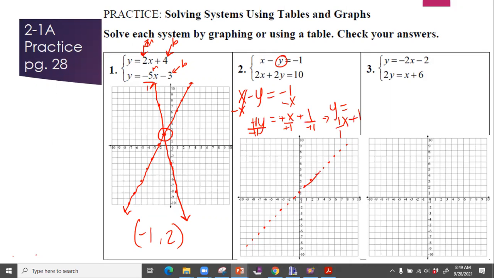And then connect my dots to the best of my ability. Pretend that I'm going through every single point, making the world's straightest lines. Boom.